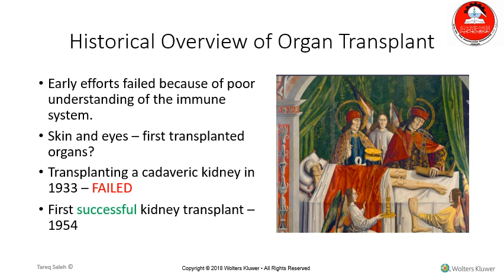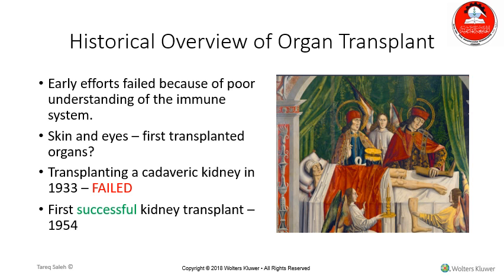This thought was realized by humans early on during history. There were multiple failed attempts to transplant skin grafts, for example, to repair burned skin or injured skin. Some people also thought about transplanting eyes.